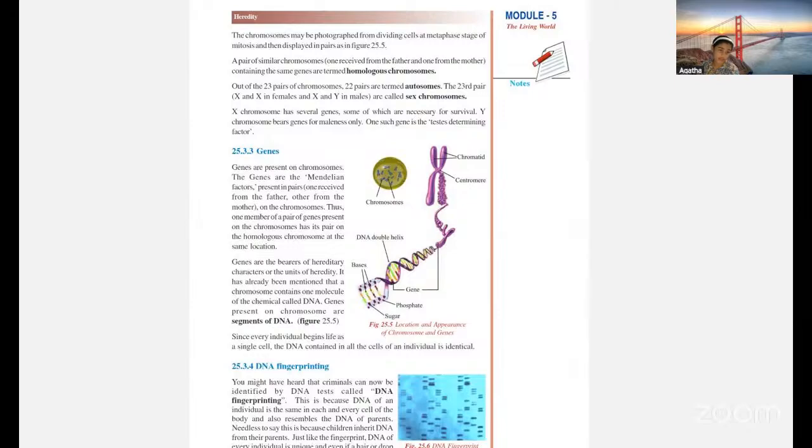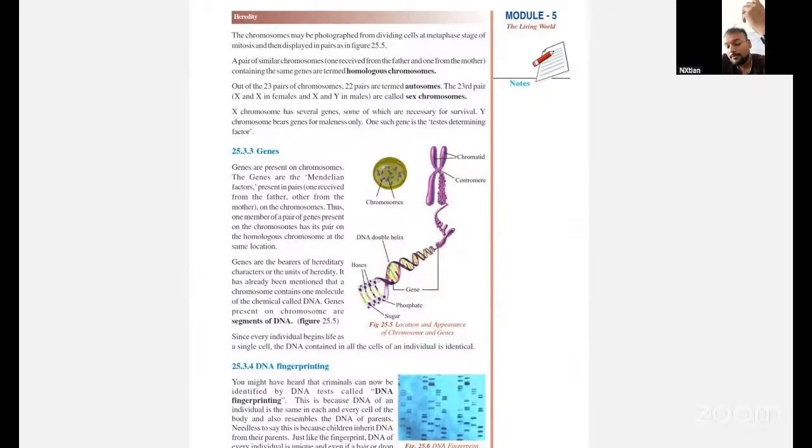Genes are the bearers of hereditary characters or the units of heredity. It has already been mentioned that a chromosome contains one molecule of the chemical called DNA. Genes present on chromosomes are segments of DNA. Figure 25.5.